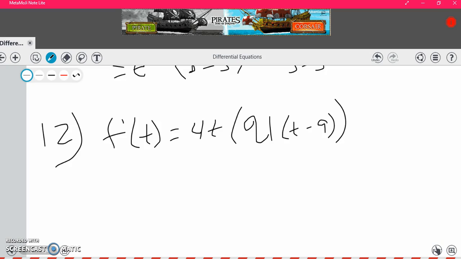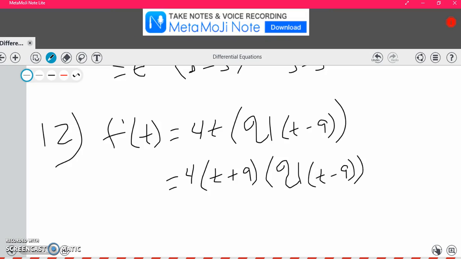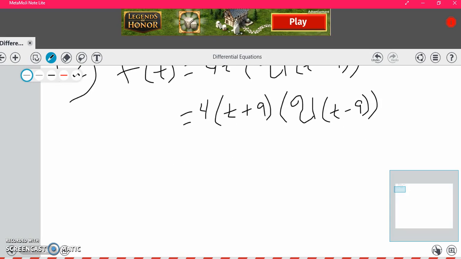Since they aren't in the same form, we have to rewrite this as 4 times t plus 9 times u of t minus 9. If we leave the 4 out, we get the 4 out front.